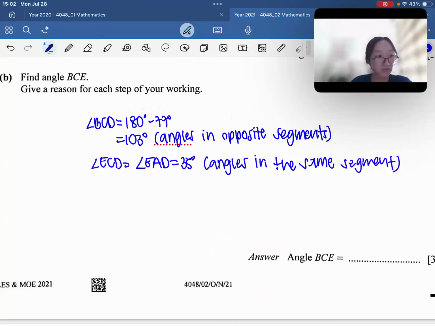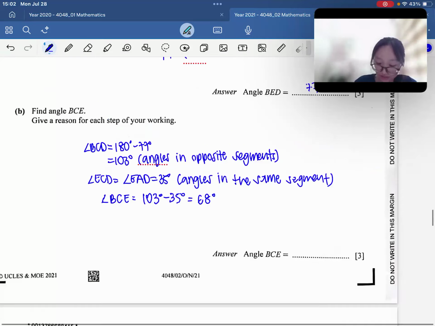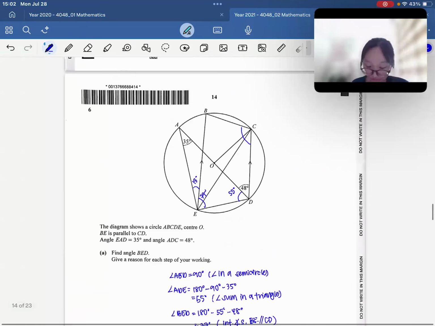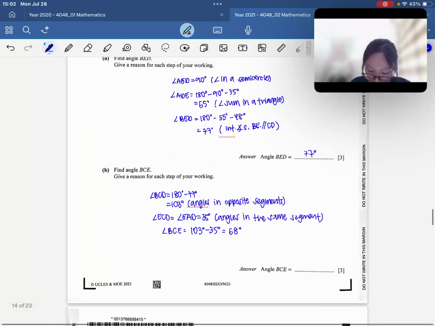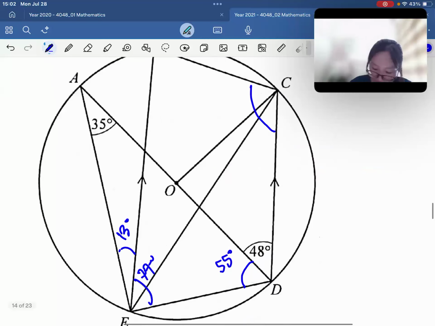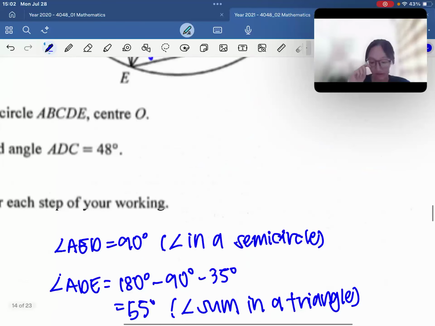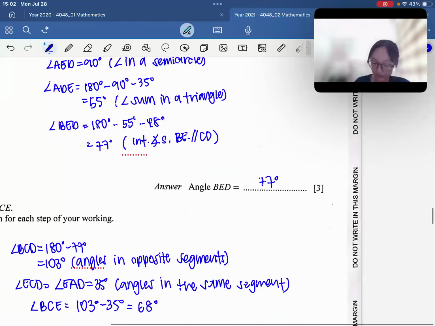Then we can find angle BCE. This would simply be 103 degrees minus 35 degrees to give us 68 degrees. So angle BCE here is 68 degrees.